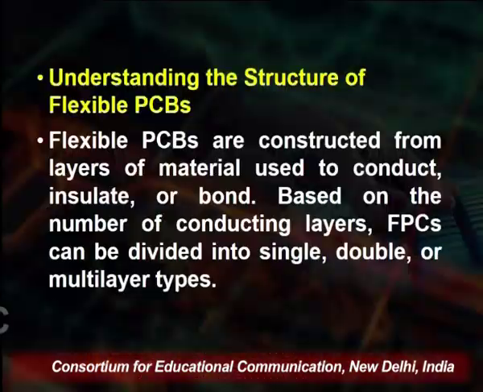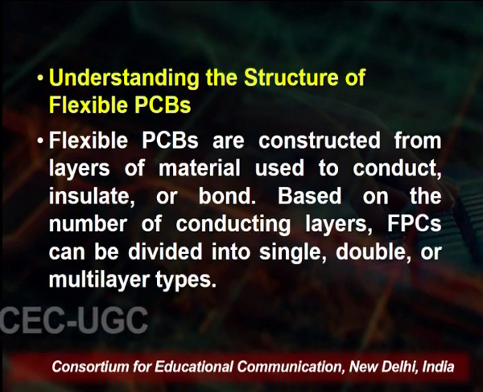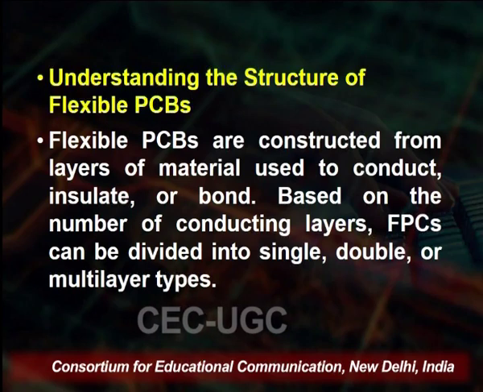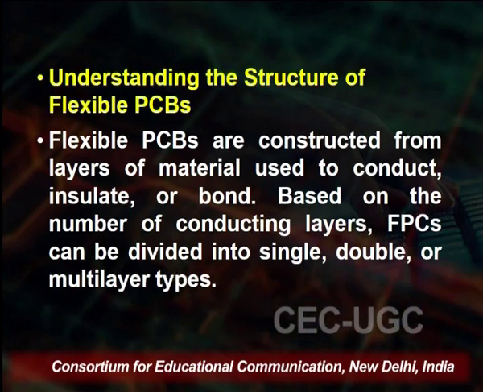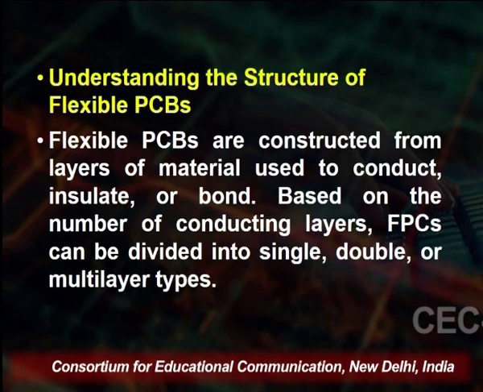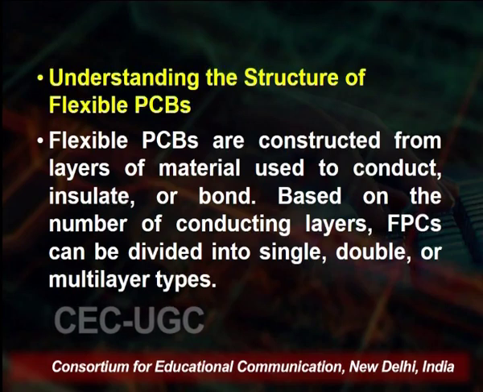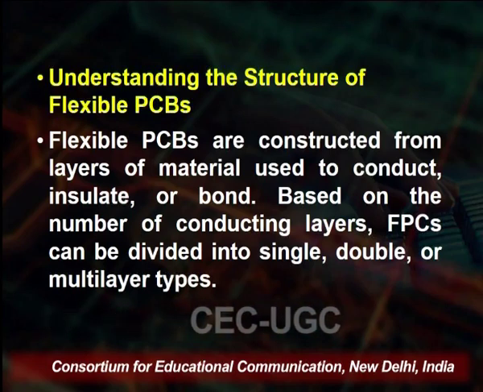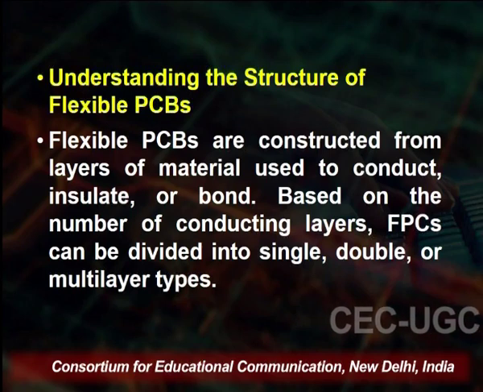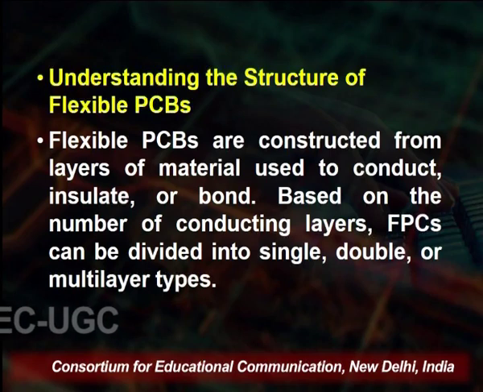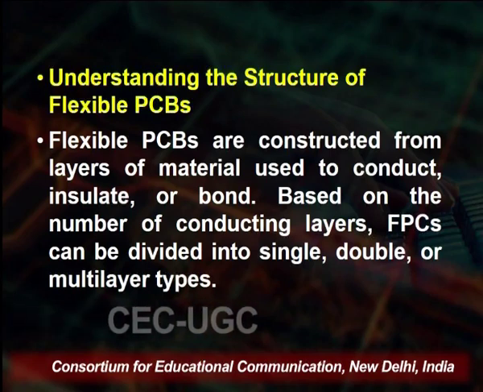So if we understand the structure of the flexible PCB, it is constructed from layers of material used to conduct, insulate or bond, based on the number of conducting layers. FPC, meaning flexible printed circuit, can be divided into single, double and multi-layer.